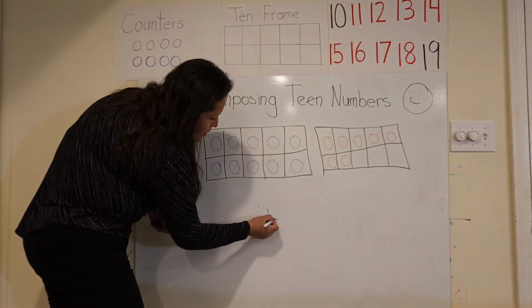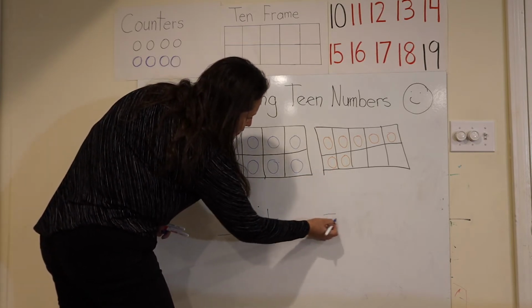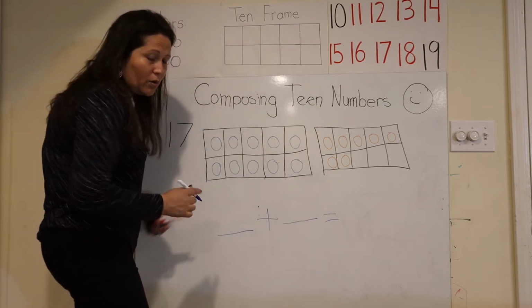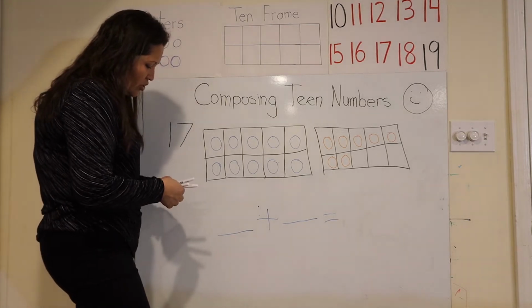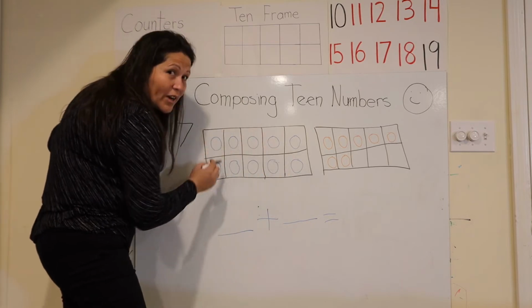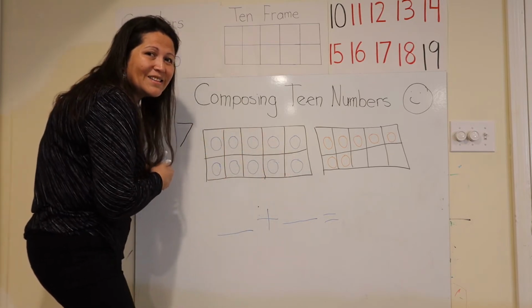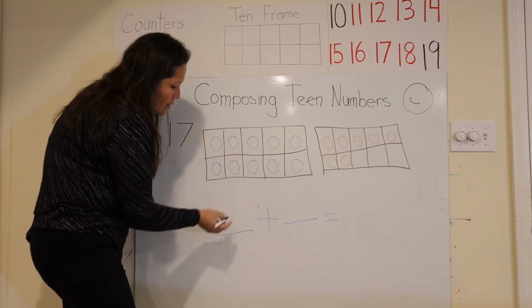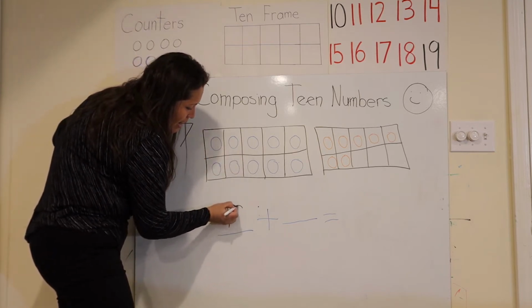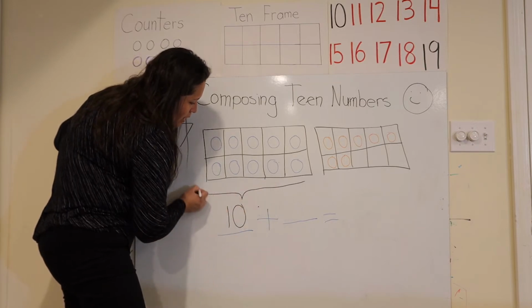And then this frame equals, it should equal this, right? So let's check this out. How many do we have in this full frame? We don't even have to count it because it's full. So that is a 10, because it's a 10 frame. So this will be going there.